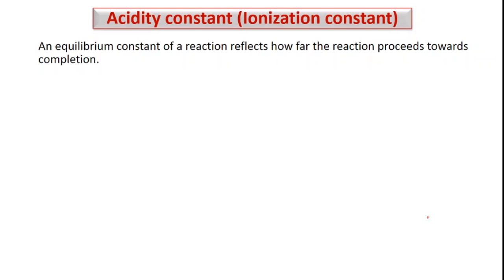So let us see what this acidity constant or ionization constant is. The equilibrium constant of a reaction reflects how far the reaction proceeds towards completion. And we know that the equilibrium constant, Keq, is equal to the molar concentration of product divided by the molar concentration of reactant.